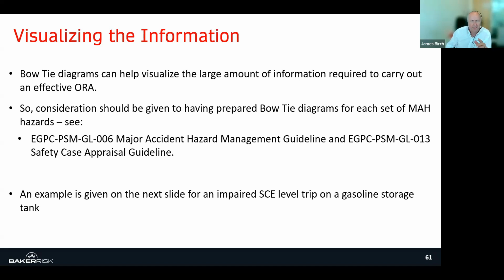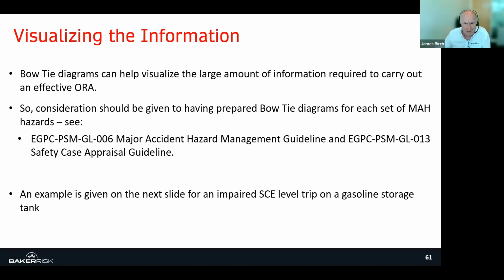And some standards applied elsewhere in the world are still thinking about this idea. But the use of bow ties is a very effective way of giving that team all the information they need at the time they need it, in a way that hopefully is easy to understand. And again, it links back to our barrier analysis discussions earlier.